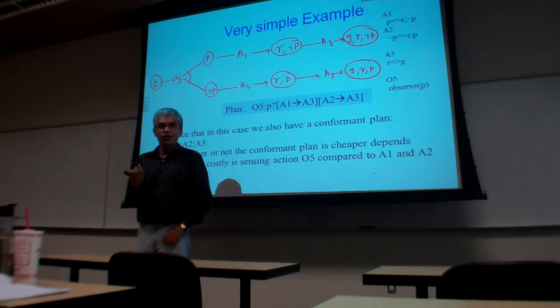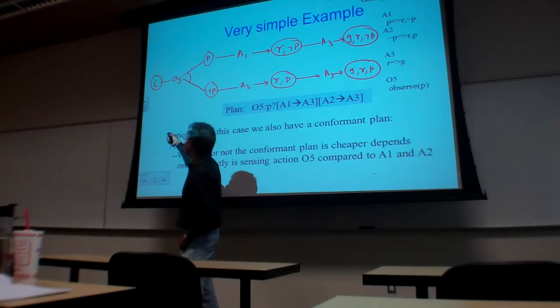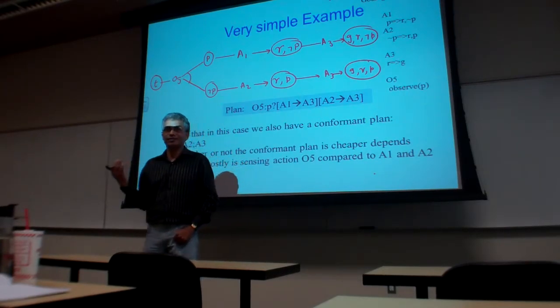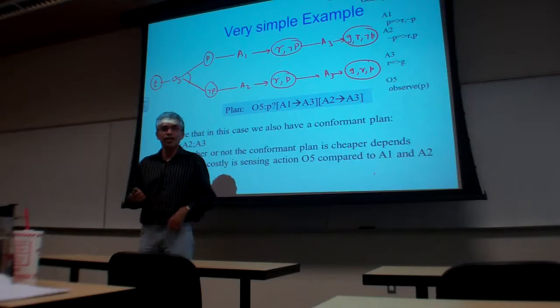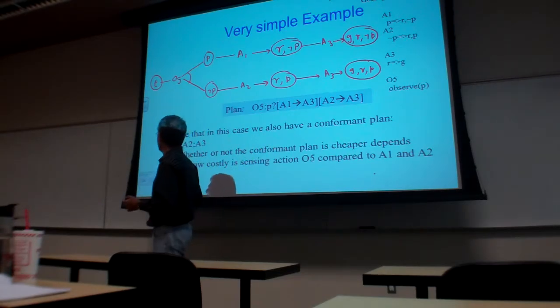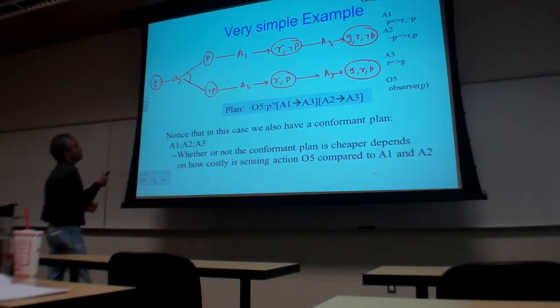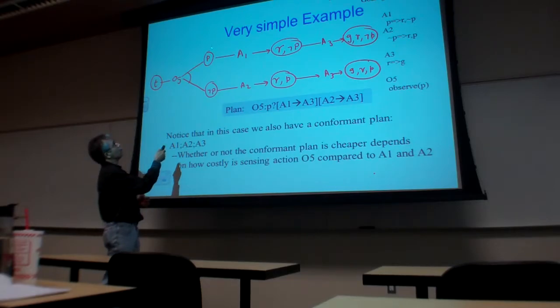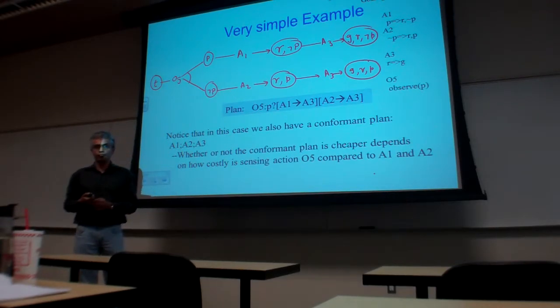What that essentially means is the initial state is true. That means every one of the possible assignments is still possible. It's a big disjunction. And then after O5, you have either P true or not P true.